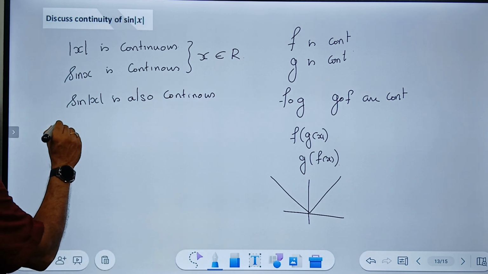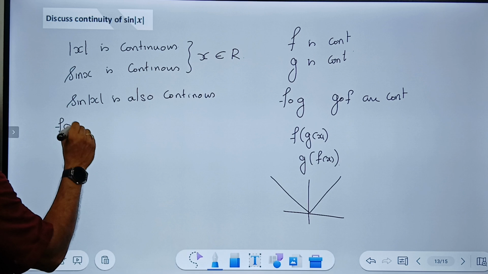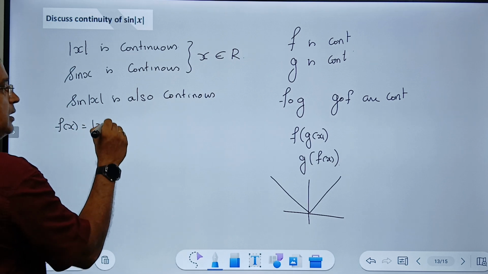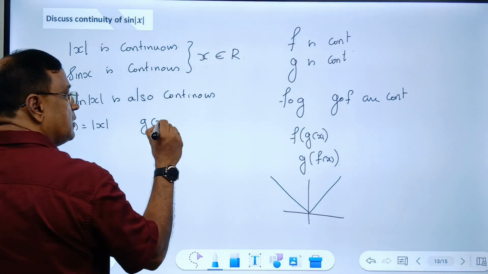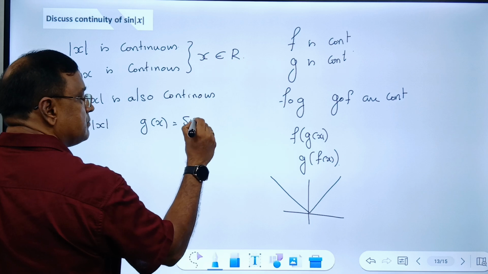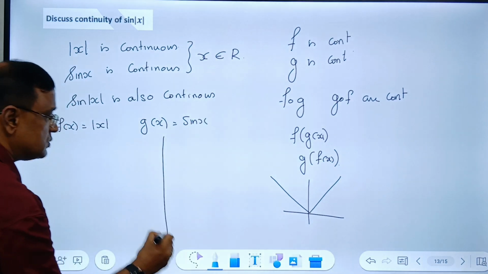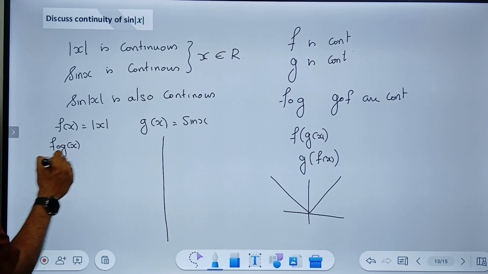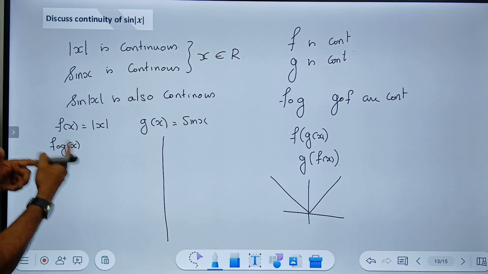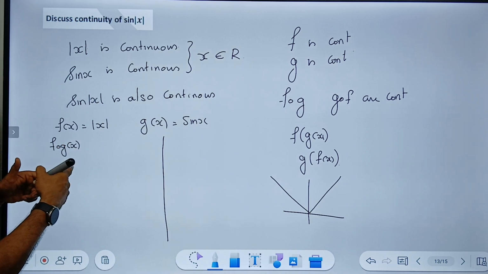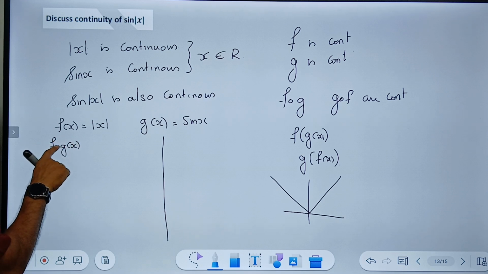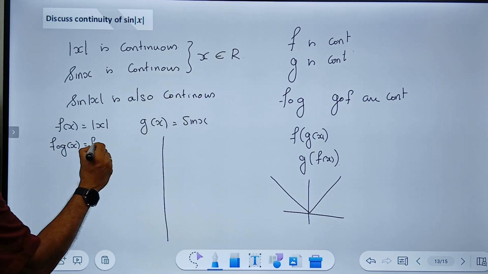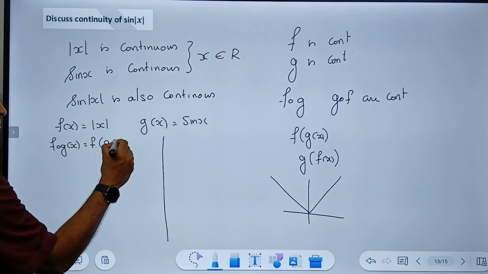Now you may ask how all these things work. If you want, I can explain this to you. Let us take f of x as modulus of x and g of x as sin x. Now there are two compositions. One is f circle g of x. I will not go too much into the detail, I'll just give you a formula. F circle g of x is given as f of g of x.